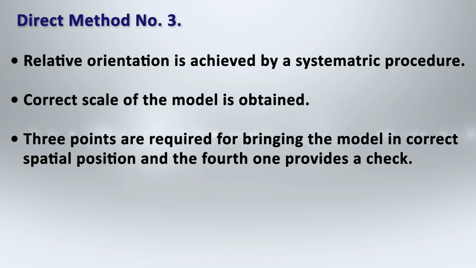To achieve correct and absolute orientation of a model, at least 4 points of known plan and height coordinates in the 4 corners of the model are required. 3 points are required for bringing the model into correct spatial position, and the 4th one provides a check.